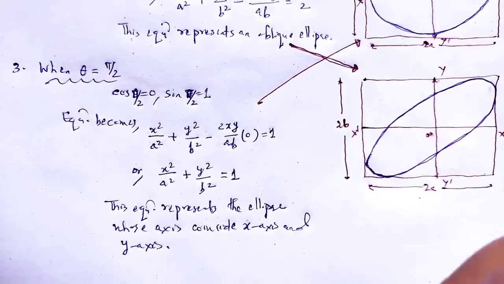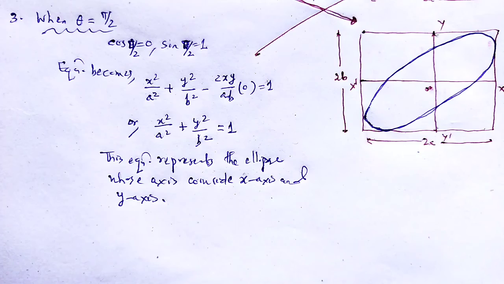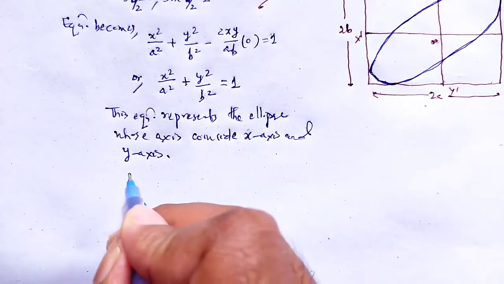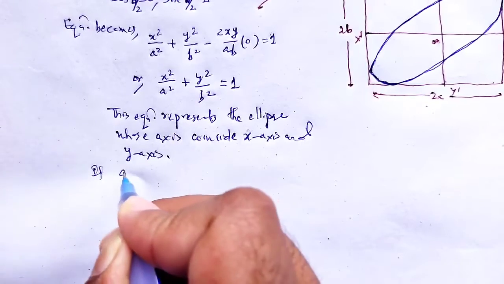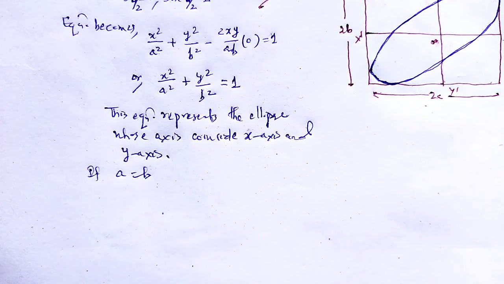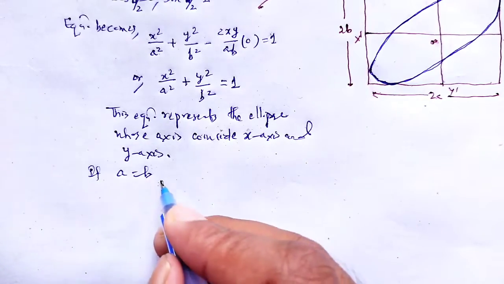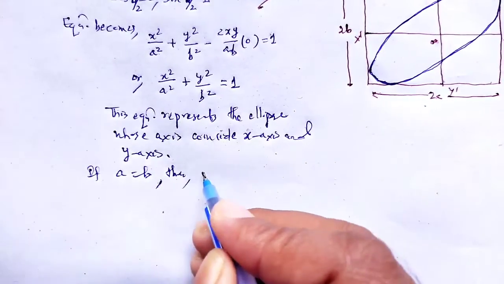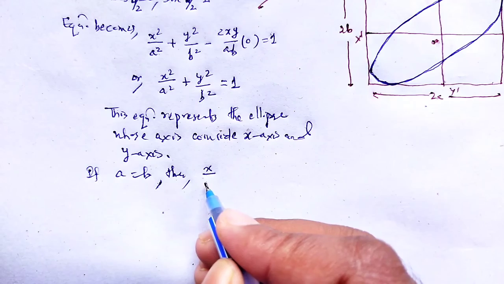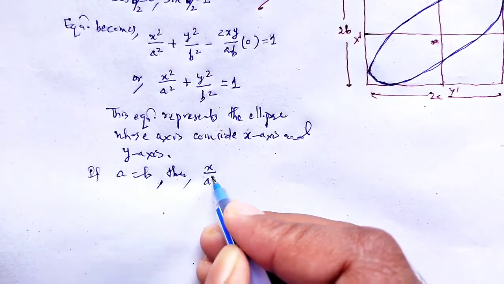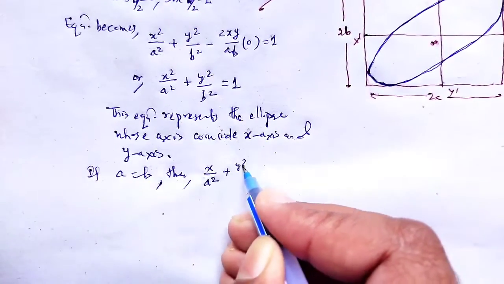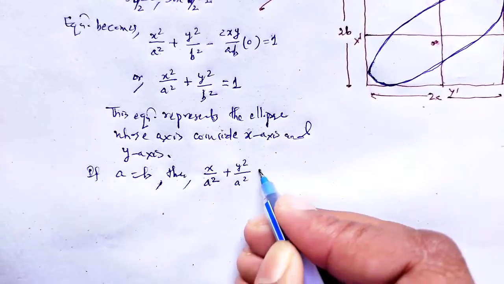Same thing, if A is equal to B, then what happens? Then x square by a square plus y square by a square is equal to 1.